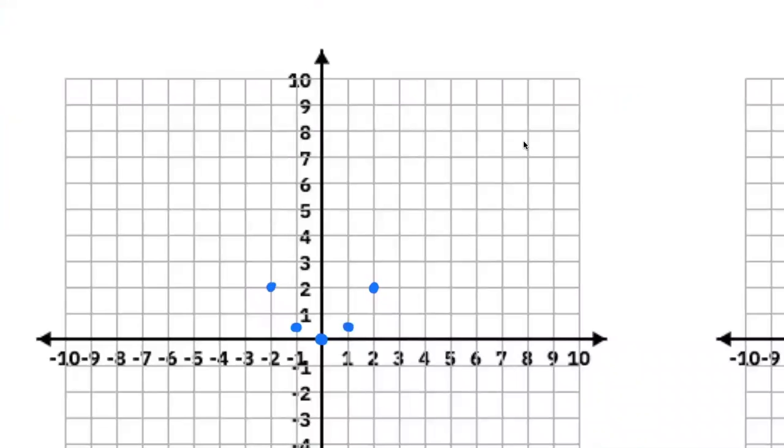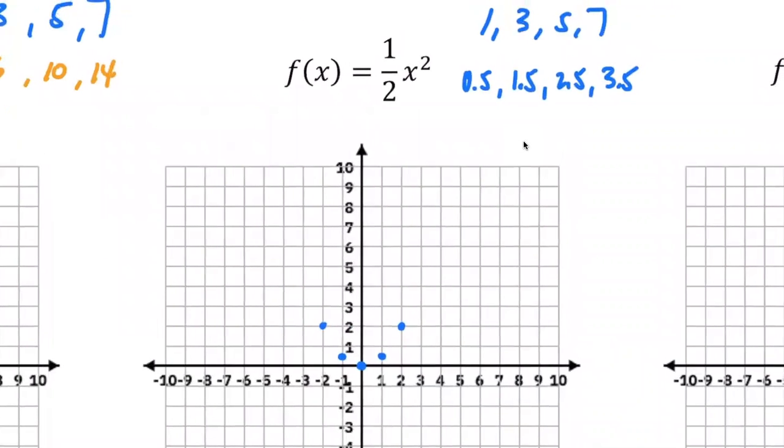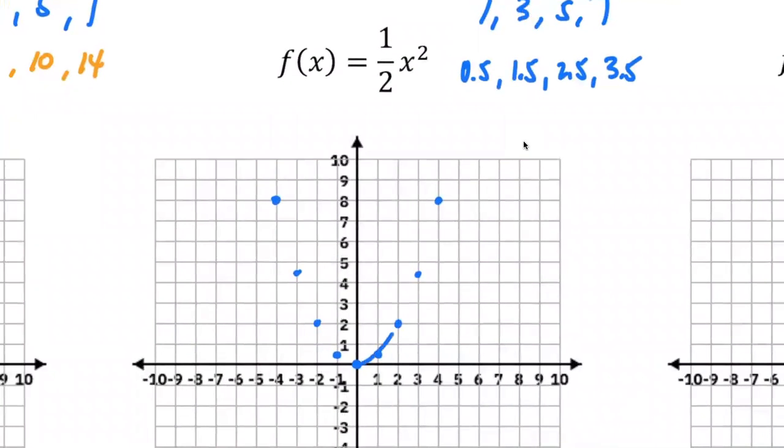And then you go to the right one, up 2.5. And you go to the right one again and up 3.5.